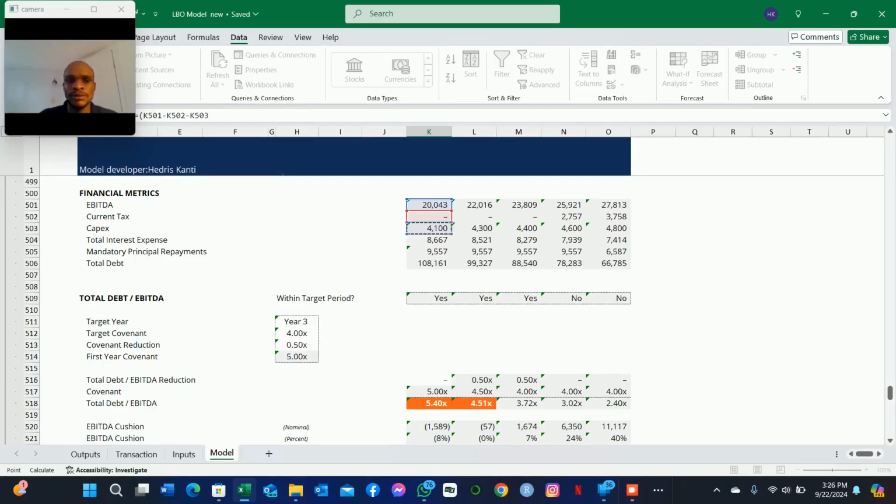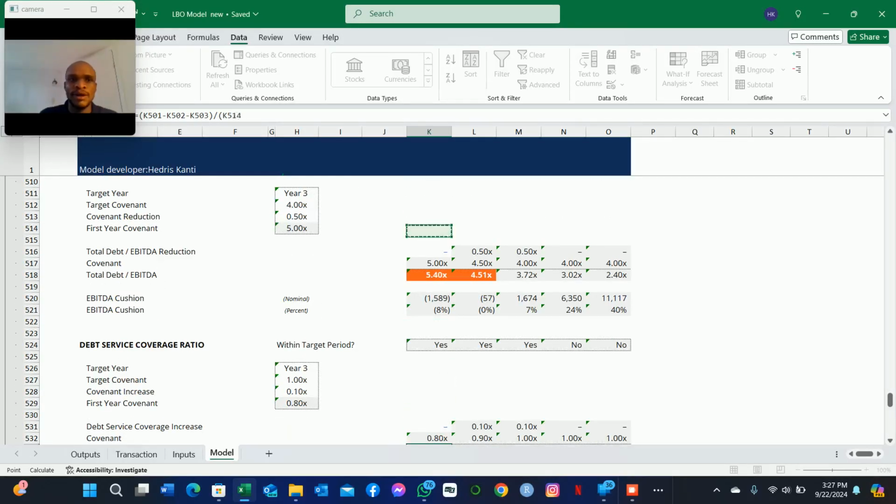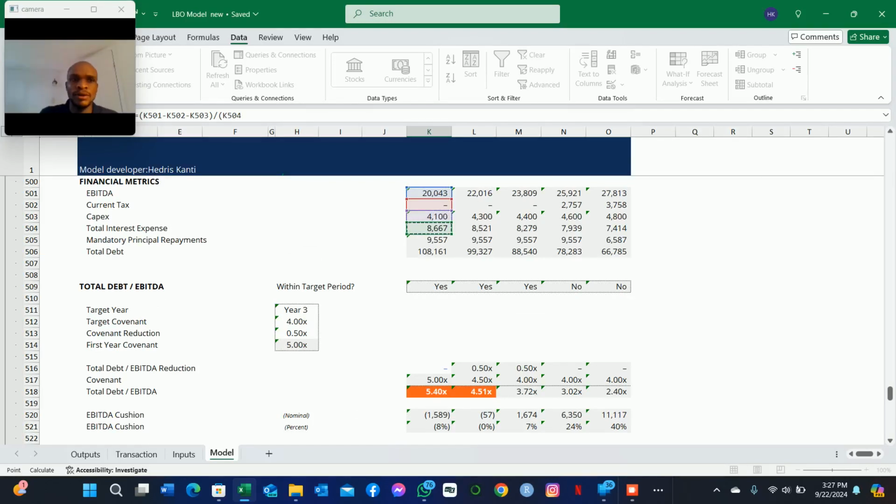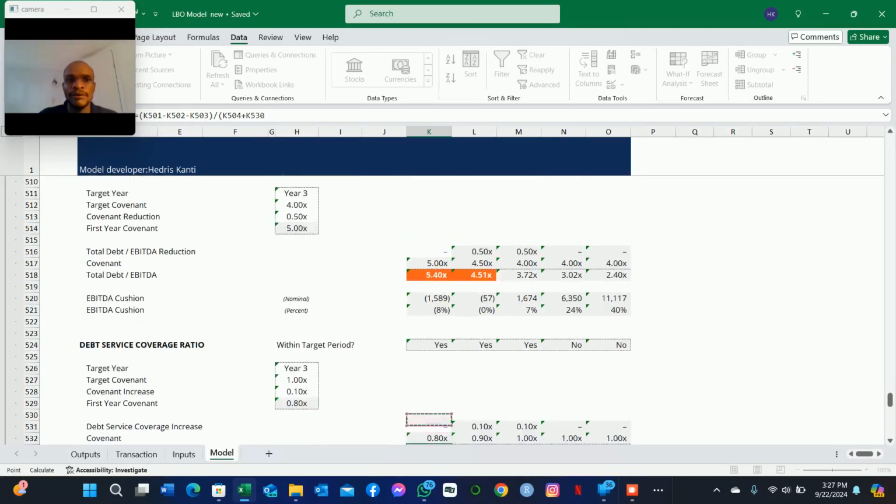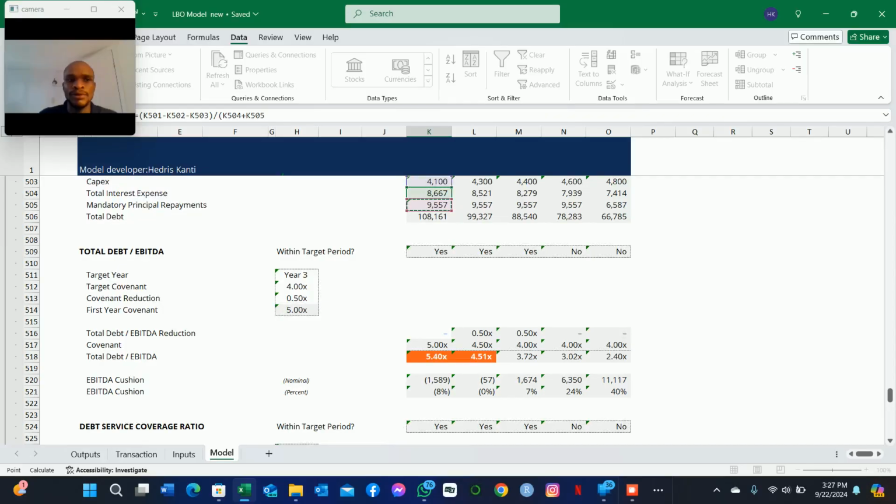It's a strict covenant that says your EBITDA less your cash taxes less your capital expenditures, which are fixed charges. We have all of those put together, then we divide that by the sum of the principal and the interest, the mandatory principal and the interest.